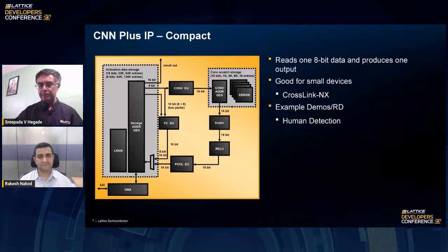Particularly being an FPGA, you can put a lot of other applications around this CNN IP, like video aggregation or ISP functions. Or you can go with a larger engine which targets higher performance. So it's a trade-off that is allowed with these different flavors of the IP.